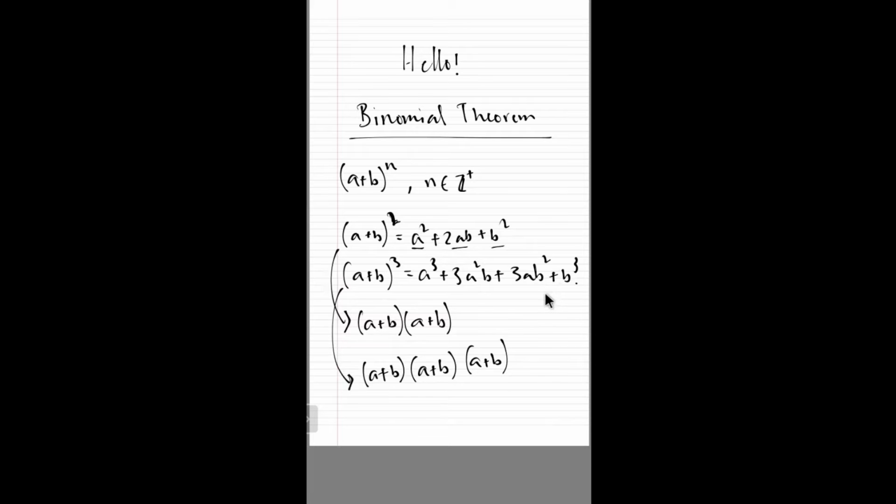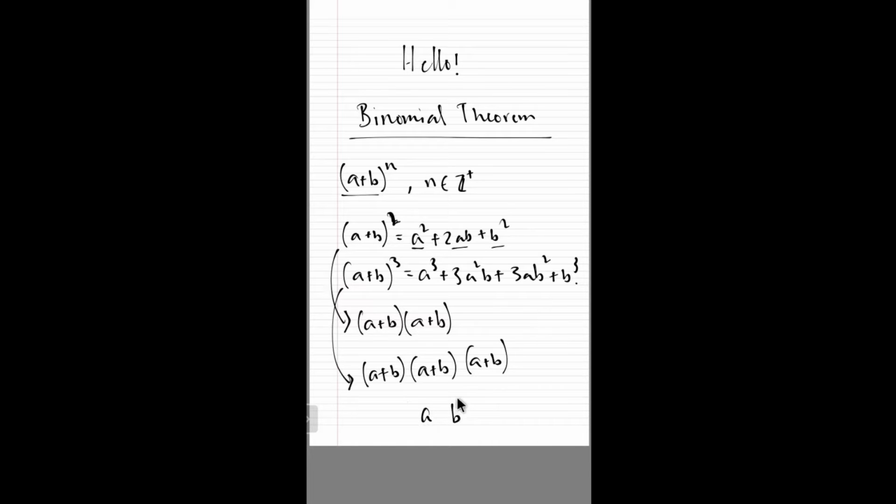So it is evident that when you are expanding a plus b whole to the power n, the total power of each term in the expansion should be n. So if you take the terms a and b and give some power, the total sum of the powers should be n.